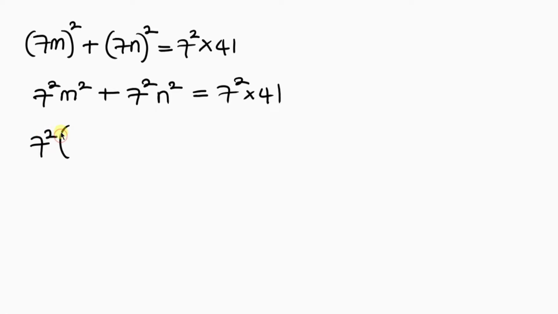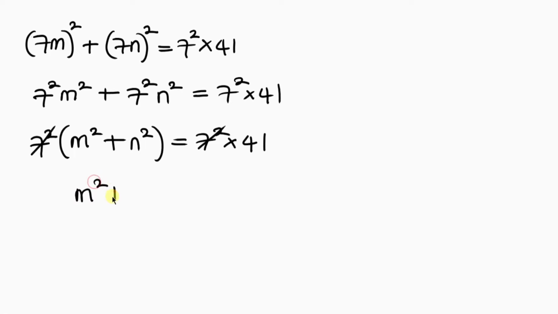Open brackets, 7 squared m squared divided by 7 squared, we have m squared, plus 7 squared n squared divided by 7 squared, we have n squared. And this is equal to 7 squared times 41. Now we notice that we have 7 squared on both sides of the equation, so 7 squared can cancel out, leaving behind m squared plus n squared on the left to be equal to 41 on the right.